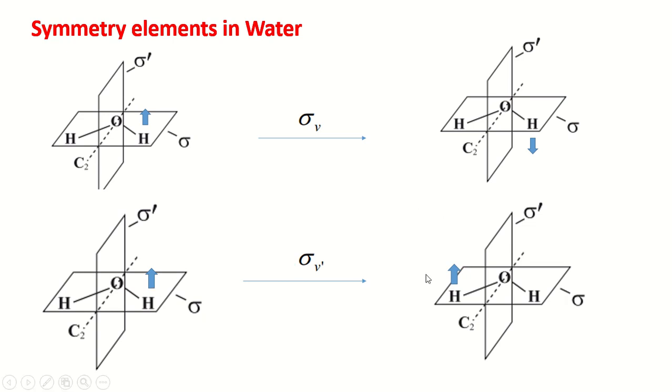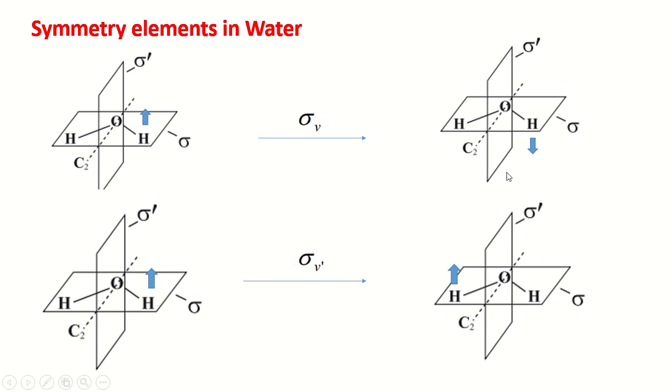So the resultant product would be like this one, and the upward arrow, which is showing on the right hydrogen, will be observed on the left hydrogen in the product. After applying sigma v dash, we get the product like this one. So this is the product of sigma v, and here is the product of sigma v dash.